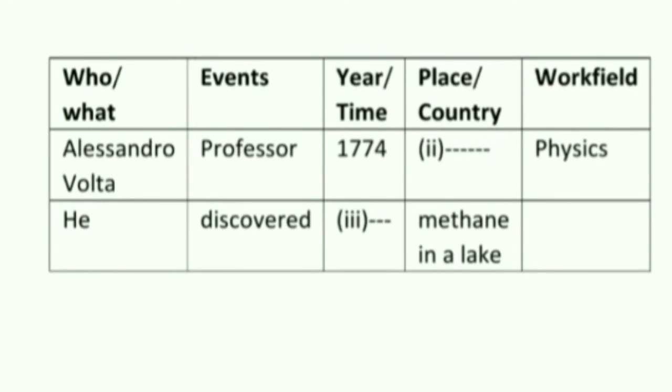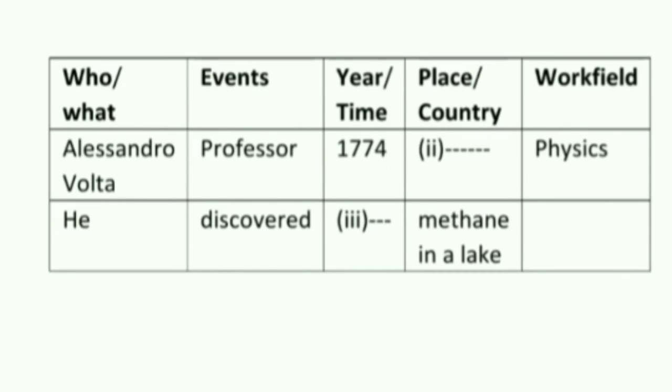Here you will get other options. Who or what, that means in this row you have to highlight the person, then events is mentioned here, then year or time, place or country, then work field. These points will be highlighted here.